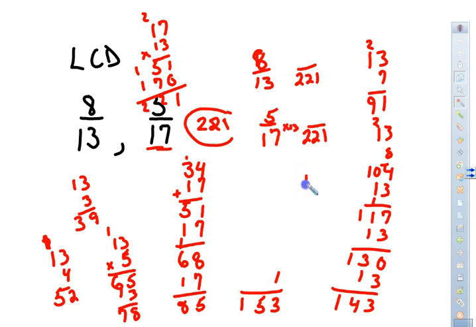So 5 times 13. I know we've done that over here. So we get 65.